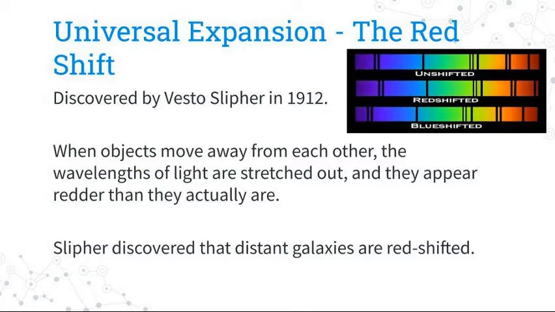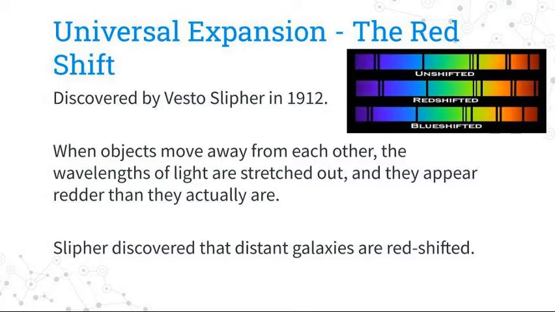So, remember when we talked about spectroscopy? We know that based on what elements a star is made of, it emits certain colors of light. And furthermore, we know that we see a certain banding pattern in that spectrum that is a characteristic of the elements that it's made of.